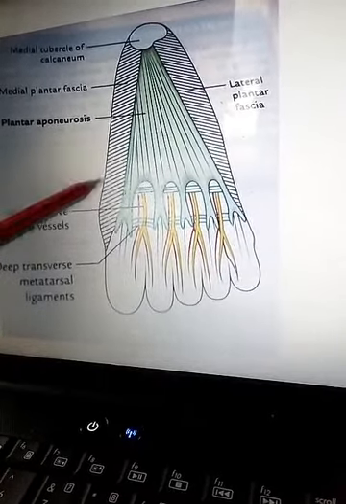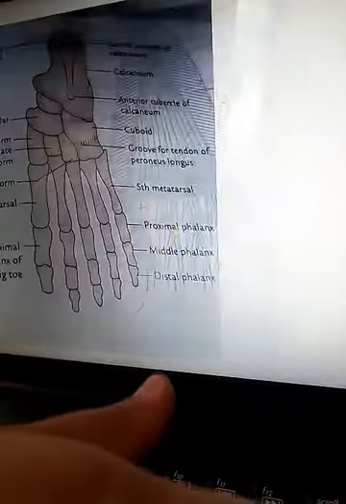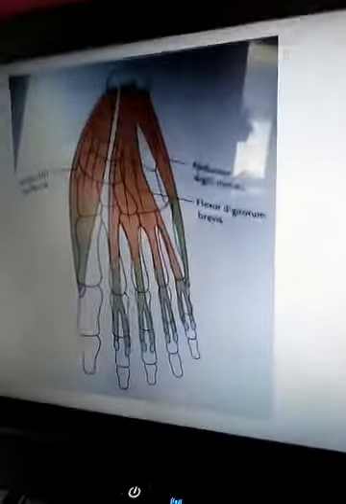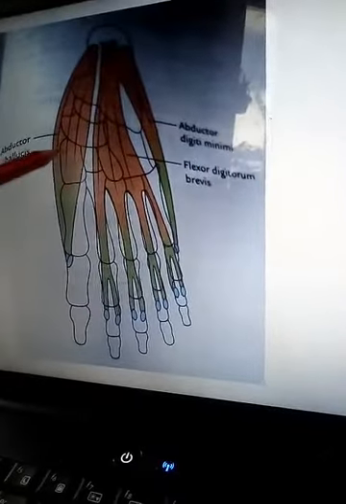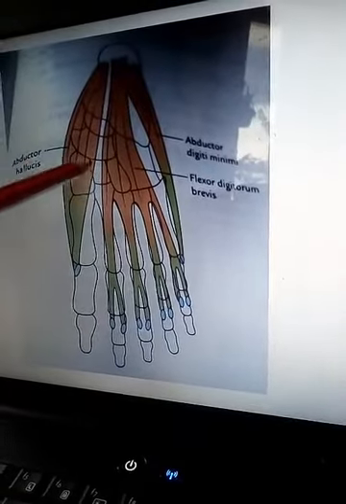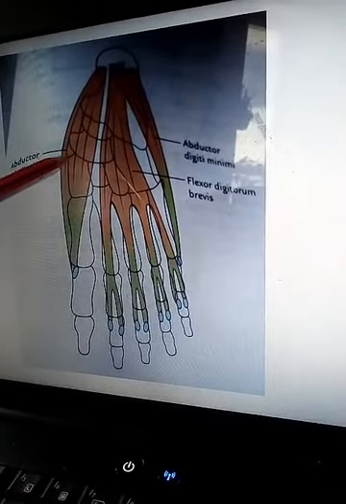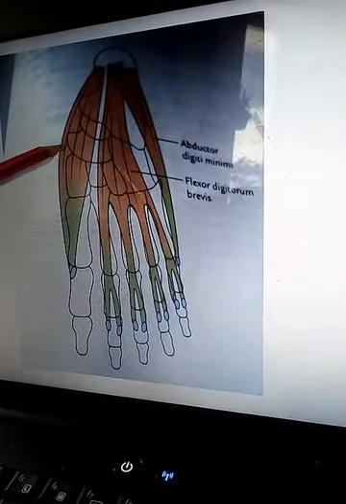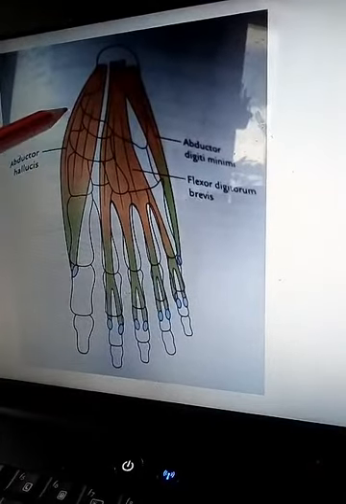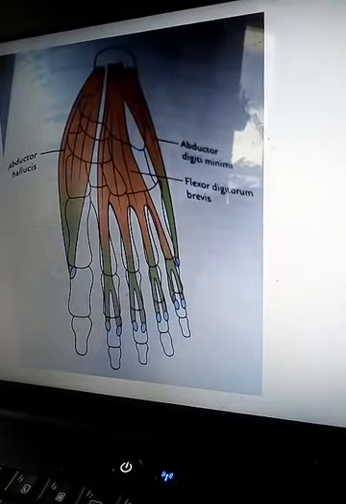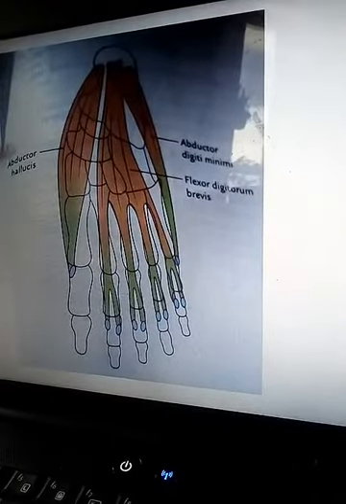Now, muscles of the sole of the foot. There are 18 intrinsic muscles and 4 extrinsic tendons in the sole of the foot. The muscles of the sole of the foot are in 4 layers from superficial to deep. Now, neurovascular plane of the sole.